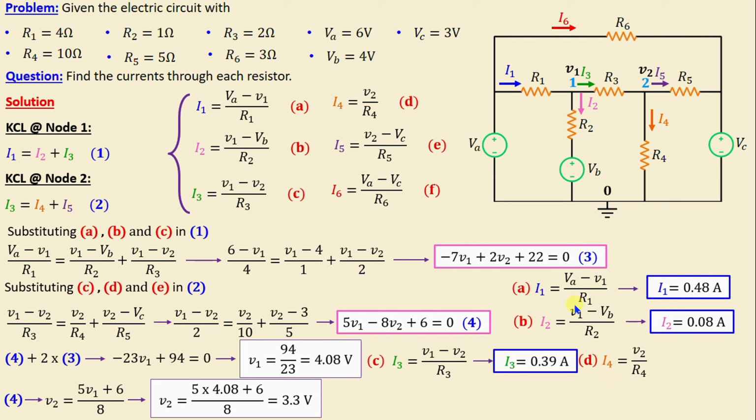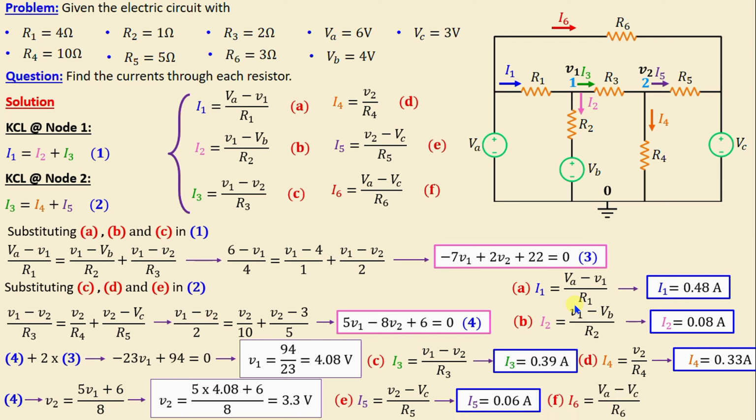And from D, we can calculate I4 is equal to 0.33 amps. And from E, we can calculate I5, and I5 is equal to 0.06 amps. And the last one is I6 is equal to VA minus VC over R6 is equal to 1 amps.